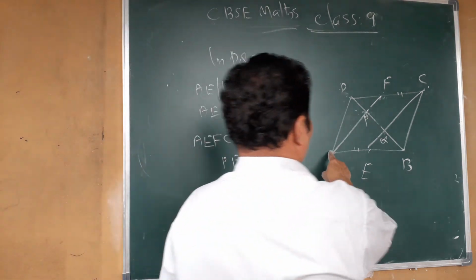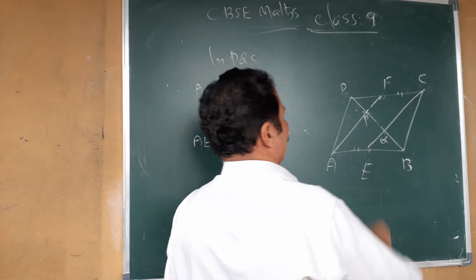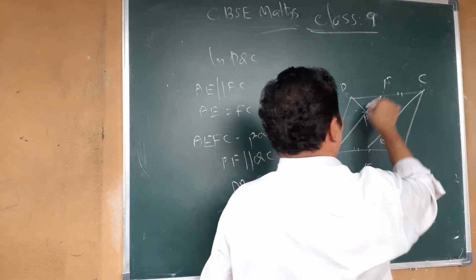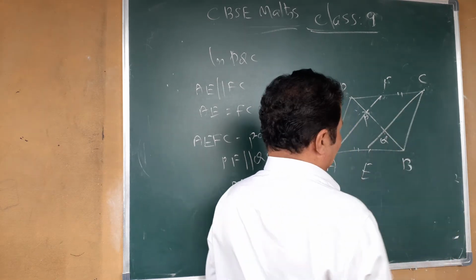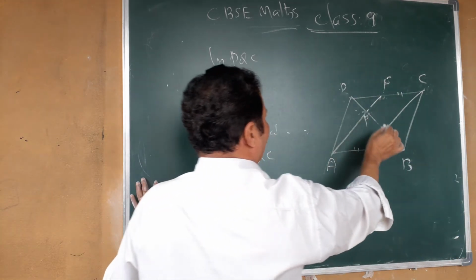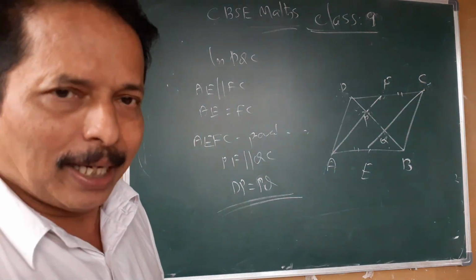Once again, AECF is a parallelogram. Already you proved that. So AF and CE are parallel. So PF and CQ are parallel. F is the midpoint. So automatically DP equal to PQ, that is in triangle DQC. You get the idea?